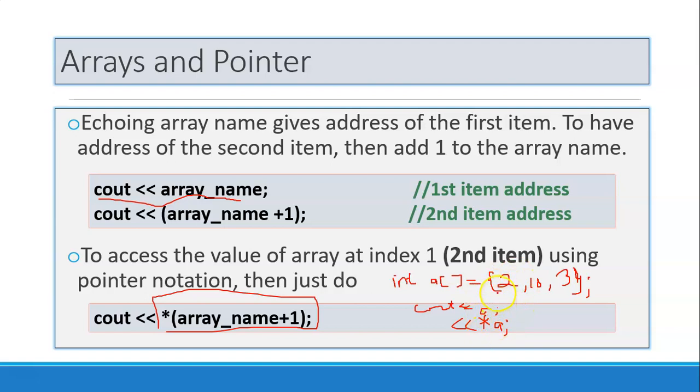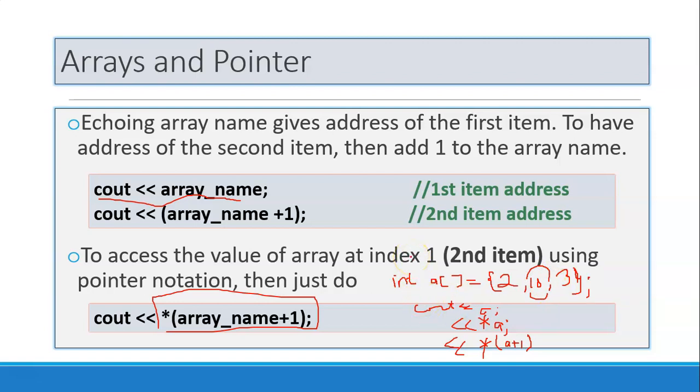And if you want to get the second one, which is 10, then you need the dereference of A plus 1. Because A plus 1 is going to give you the address of the second element, and the dereference operator here is now going to give you the actual value of that element of the array.